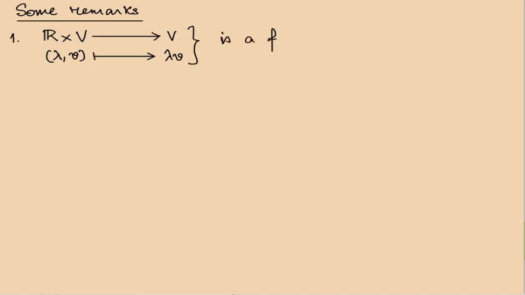So I am saying that from this set whose elements are these pairs, I produce a function. This is a function, and this function is the scalar multiplication.